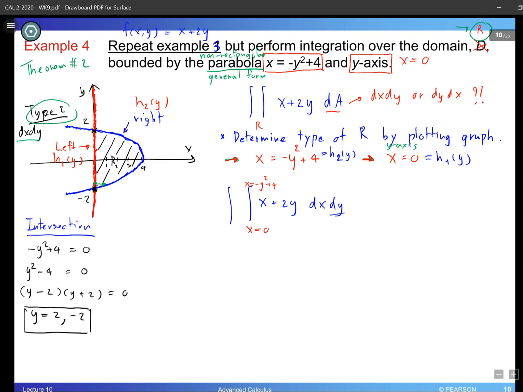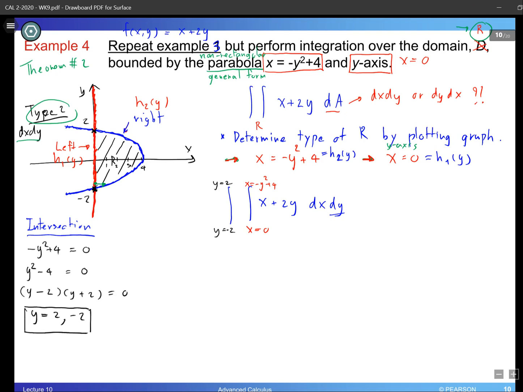So the range for the y variable is y equal to minus 2 to y equal to 2. There you go, we have the complete double integral for this example.